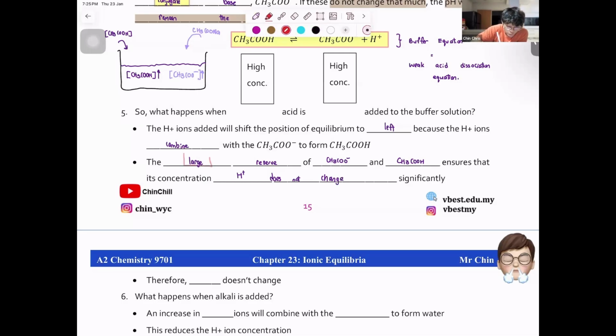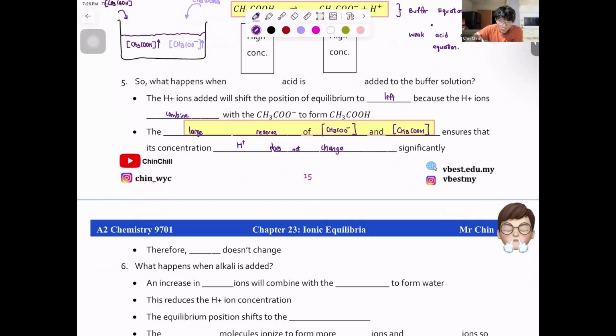Highlight the words large reserve of CH3COO- and CH3COOH: the concentrations of the acid and its conjugate are very high, which means the concentration of H+ will not change. Please write it down.